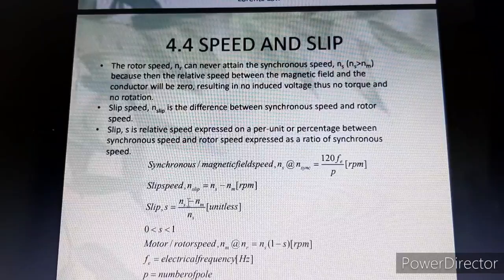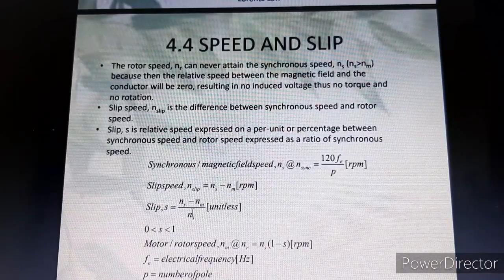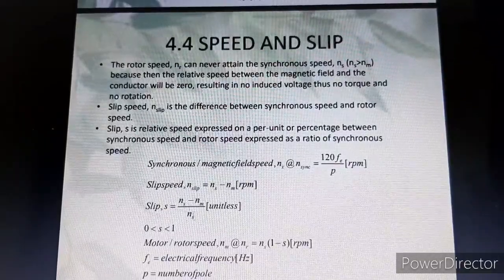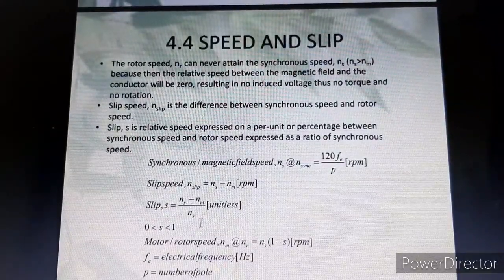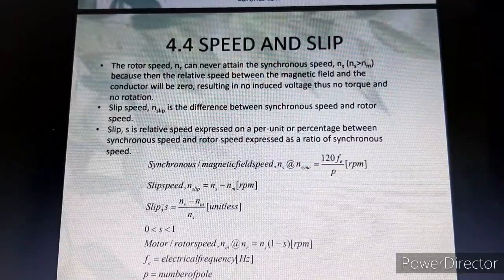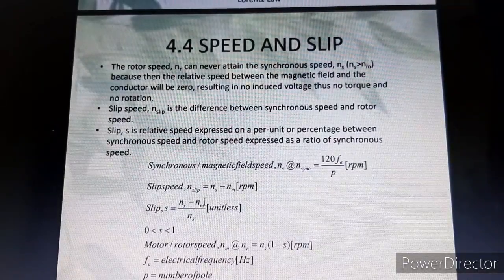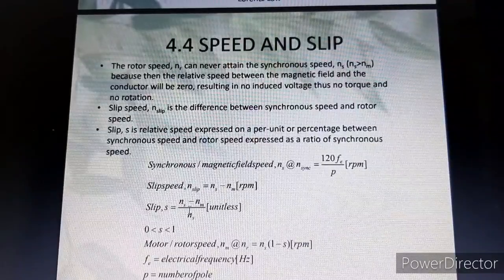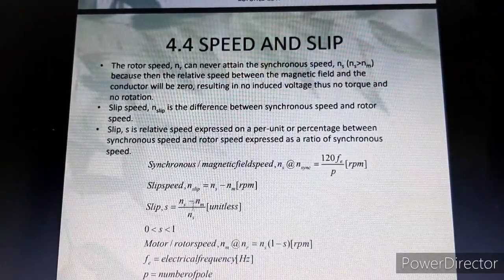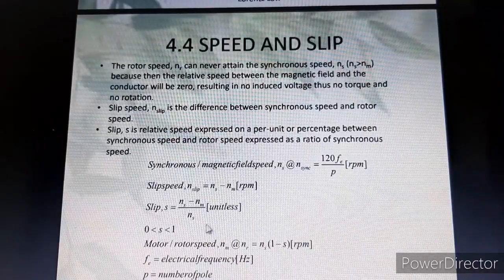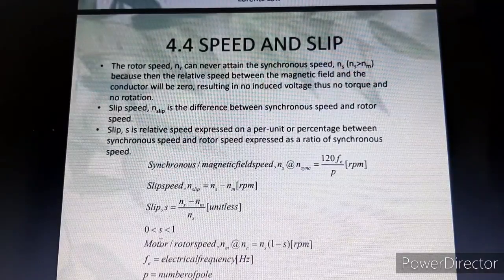So it's a ratio of n slip over ns. Since slip is a ratio, it ranges from 0 to 1, because the n slip is smaller than ns.